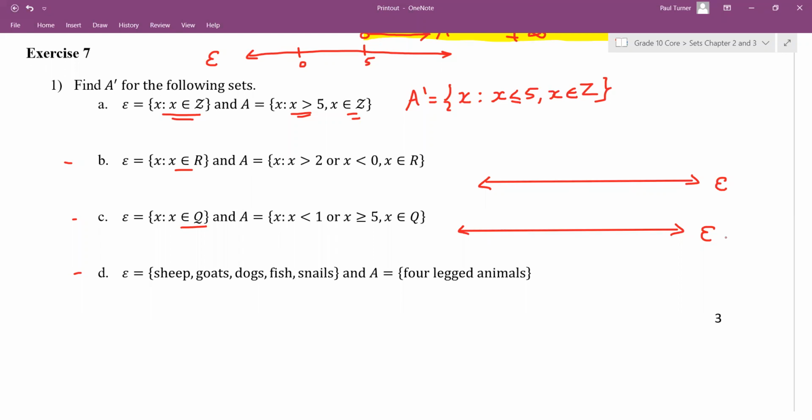So find the complement. If anyone finished, just call out the 3 questions.